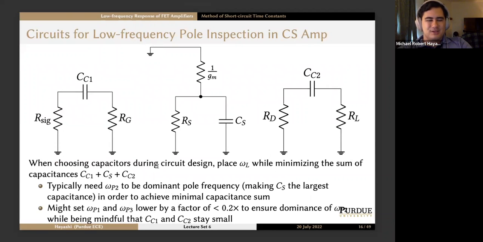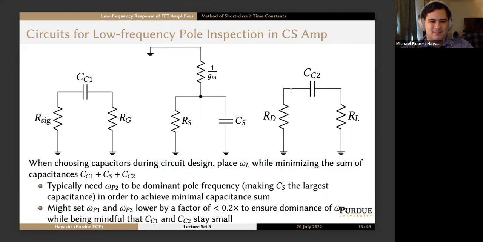Back to slide 16. If you're choosing to do this as a design problem, you would choose to make omega L where you want it to be while minimizing the sum of the capacitances, the smallest possible capacitors, to minimize the cost in your circuit. So we want to minimize CC1 plus CS plus CC2.